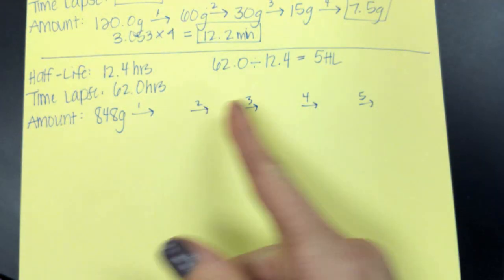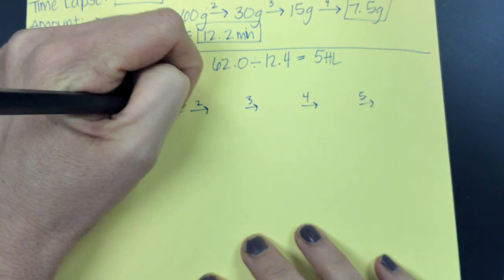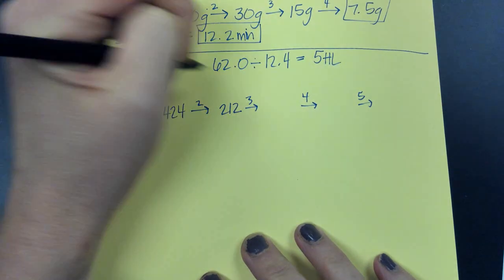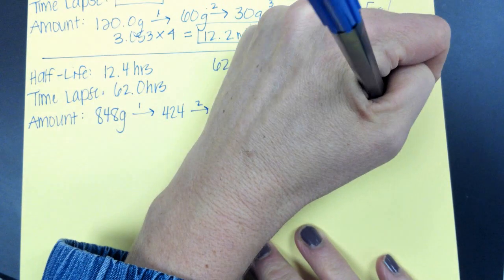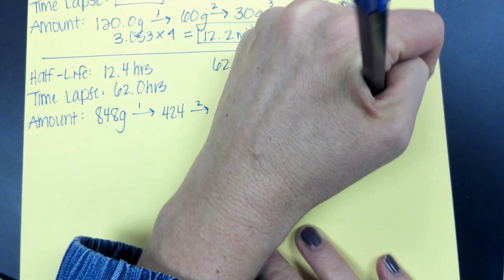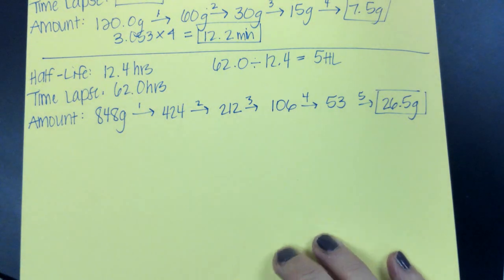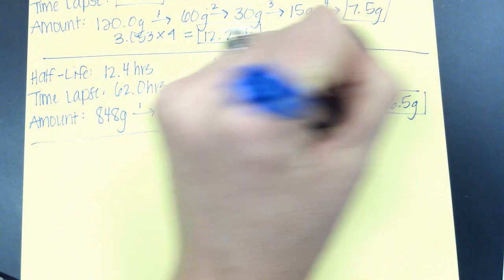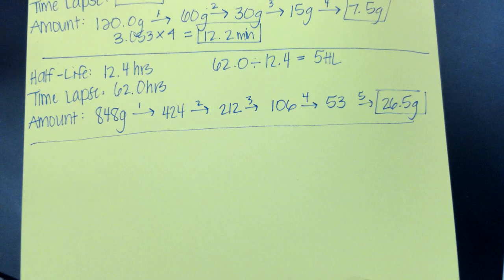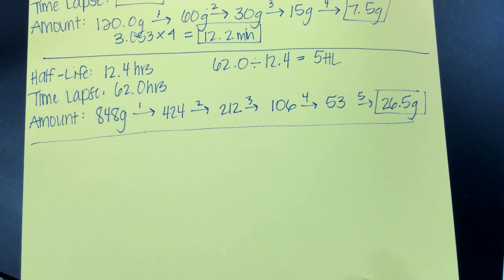And then I'm just going to split it in half every time. .5 grams is how much you would have left after 62 hours if your half-life were 12.4.